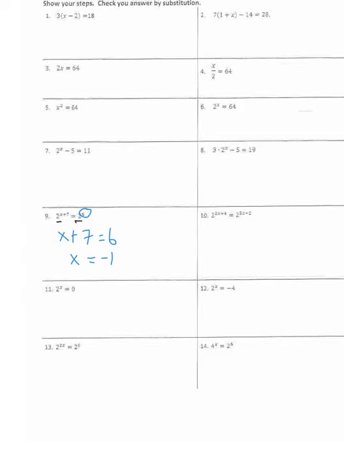So if we put -1 for x, we would have 2 to the exponent -1 plus 7 equals 2 to the 6th. -1 plus 7 is 6, so we get 2 to the 6th equals 2 to the 6th, so that checks. Our solution would be x equals -1.